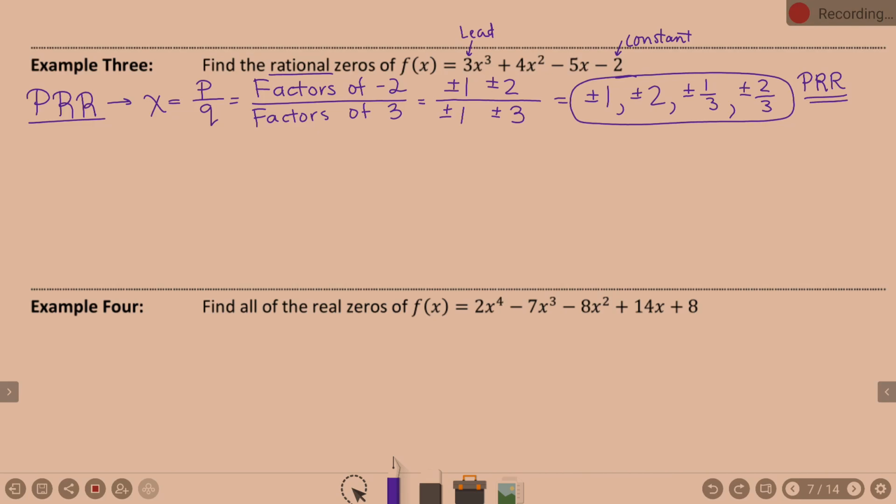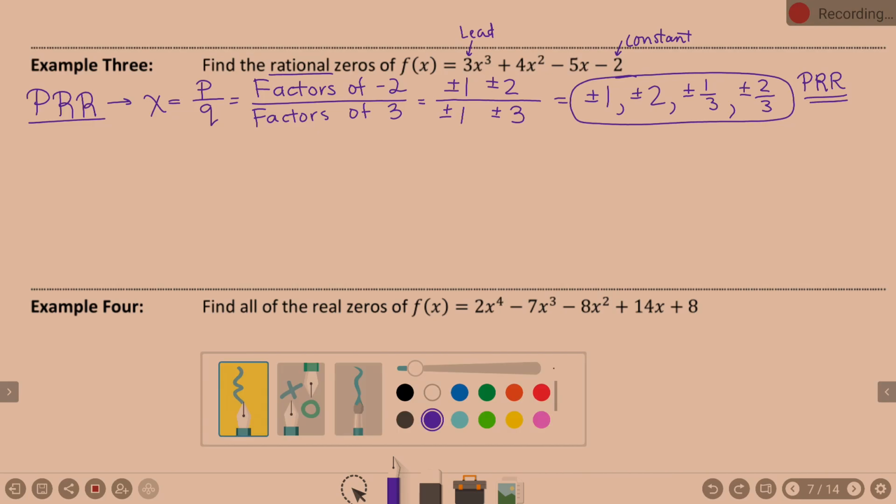Now, I'm going to do the same thing I did last time, and I'm going to sketch us a graph just to have in our notes.